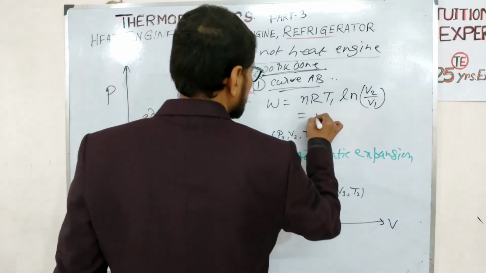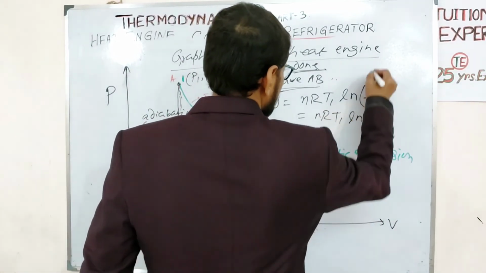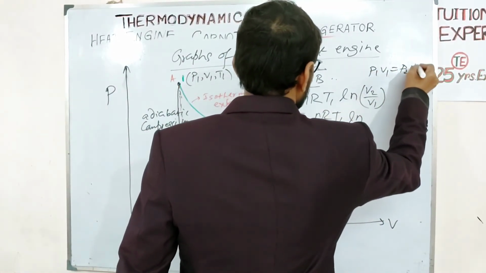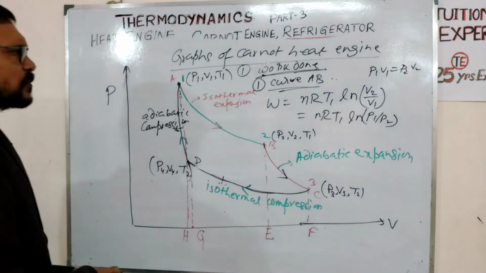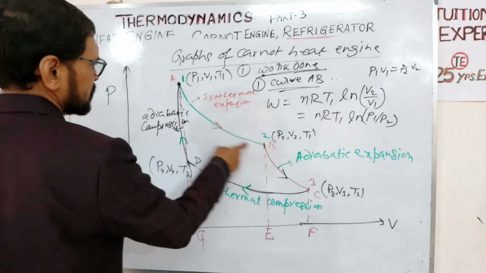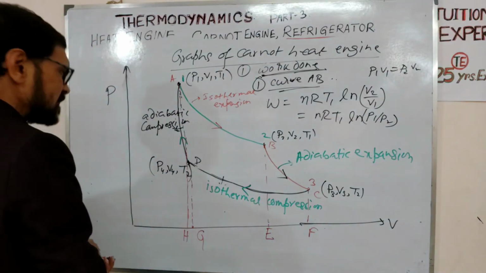Now V2 by V1 equals P1 by P2, as P1 V1 equals P2 V2. So this is the work done for isothermal expansion, whose curve is AB.